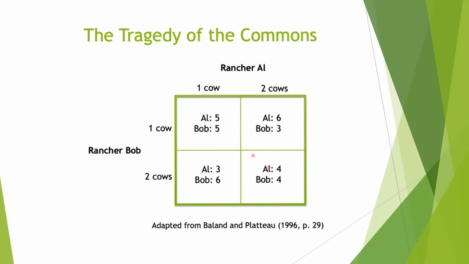Well, this is completely symmetric, so Bob is facing the same incentives, which means that we end up with both of them putting 2 cows out to graze, and generating less total weight gain than if the 2 ranchers had put only 1 cow out to graze. So this is kind of a classic presentation of the tragedy of the commons.